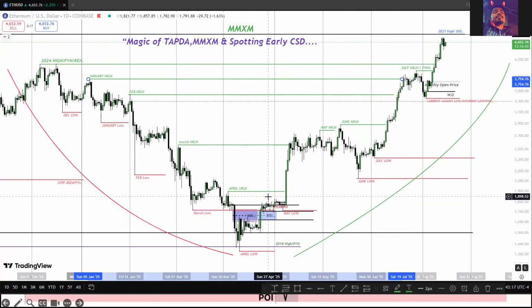This is a very unique way to see sell programs and buy programs, and once you know how fractal this is, you just have to change the PXH and PXL. For example, it could be session, daily, 90 minutes, 30 minutes, or even smaller fractals. You can fine tune your entries because you see CSD very, very early, guys.